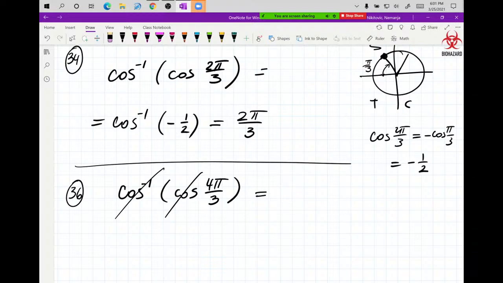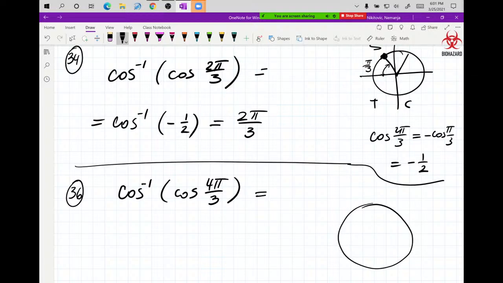Now, again, why? Because of the reference angles. And that's why I don't like to kind of memorize things. I like to analyze these things. So if you draw the circle for this, and you have your pi over 3 and your 2 pi over 3 and 3 pi over 3 and then 4 pi over 3.